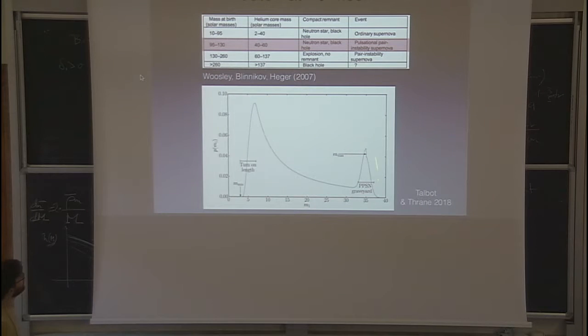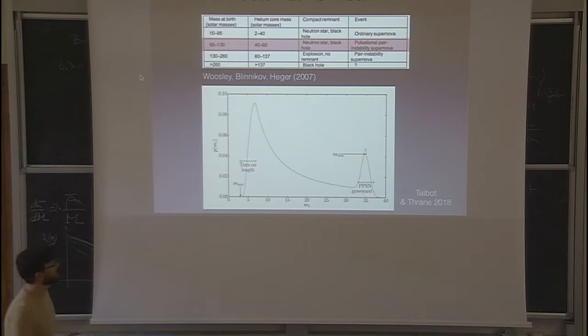In particular, however, if your star initially has a mass slightly lower than 130 solar masses, you get what is called a pulsational pair instability supernova, which can produce a black hole. And in fact, it has been argued in the literature that these pulsational pair instability supernovae are the reason why we see an excess of black holes at about 35, 40 solar masses.